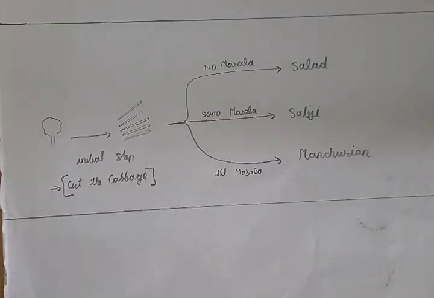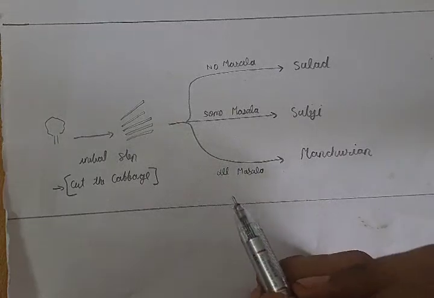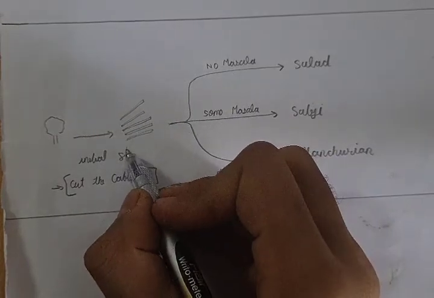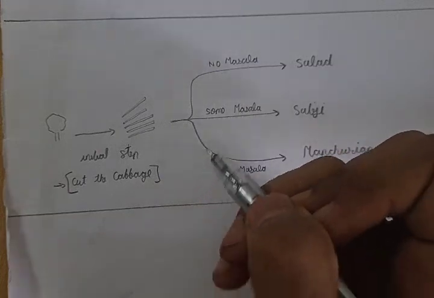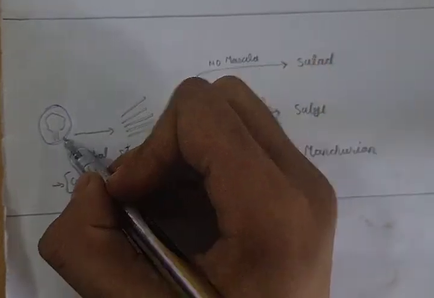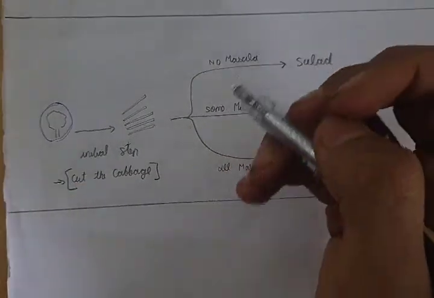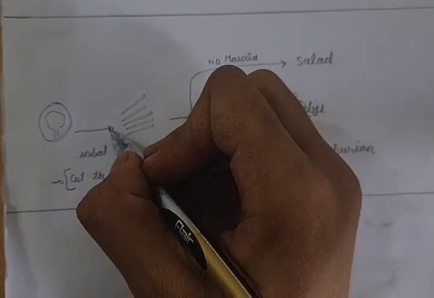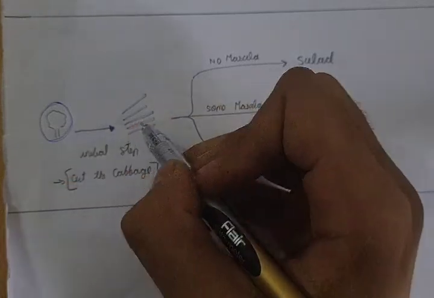So before studying the actual method, I am going to explain one simple example. Let's say you and your brother or sister are at home, and you brought a cabbage. Now you are very hungry and you want to make something out of the cabbage. So you and your brother went into the kitchen. The first step is you will cut the cabbage.